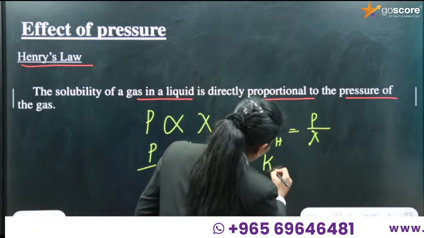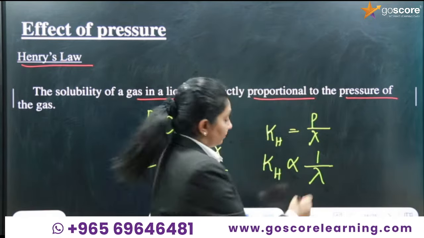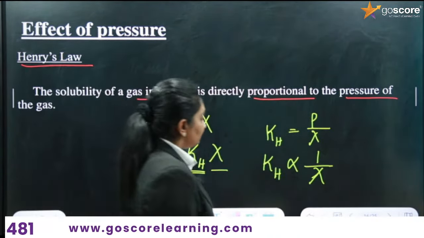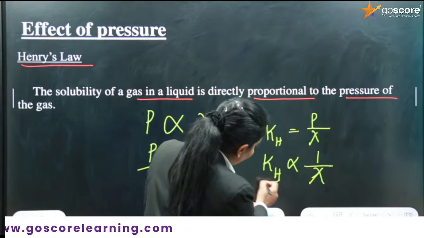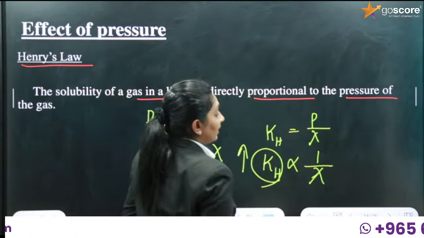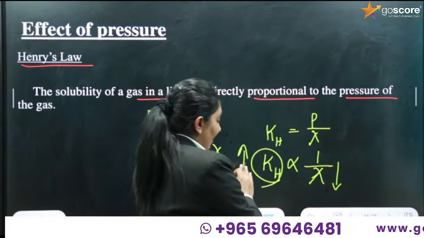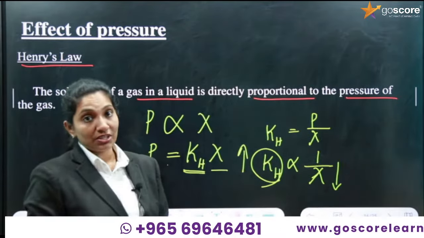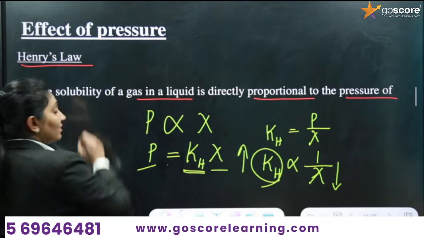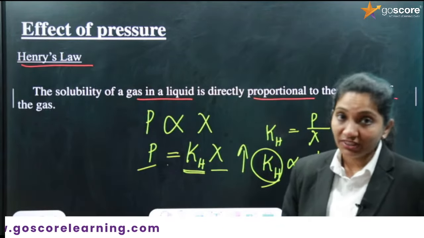From that we can say that Henry's constant is inversely proportional to mole fraction chi. Whenever the value of this Henry's constant is high, the solubility of the gas in liquid is low. So this Henry's law constant is inversely proportional to the solubility of gas, and Henry's law is very important: the solubility of a gas is directly proportional to the pressure of the gas.